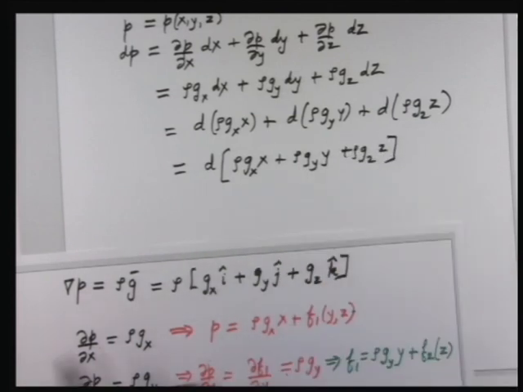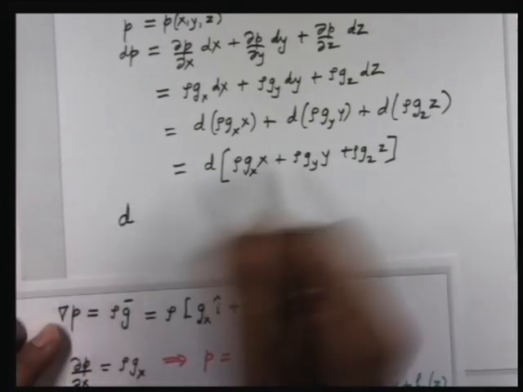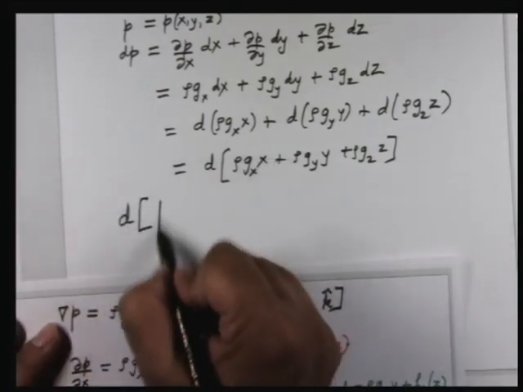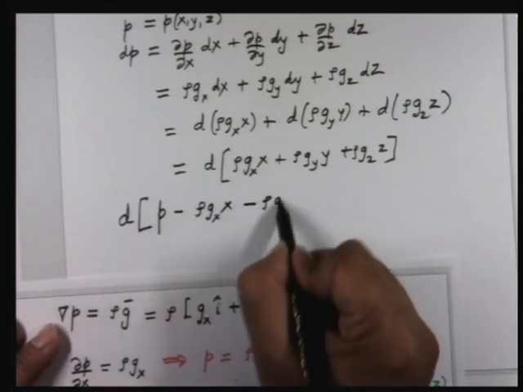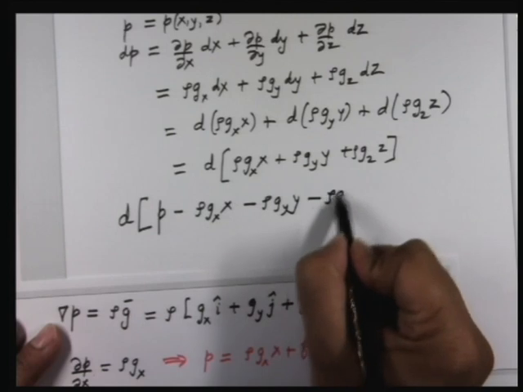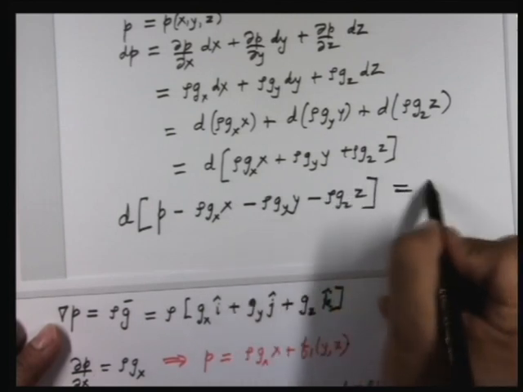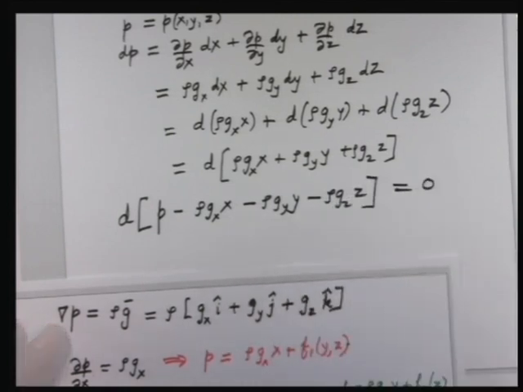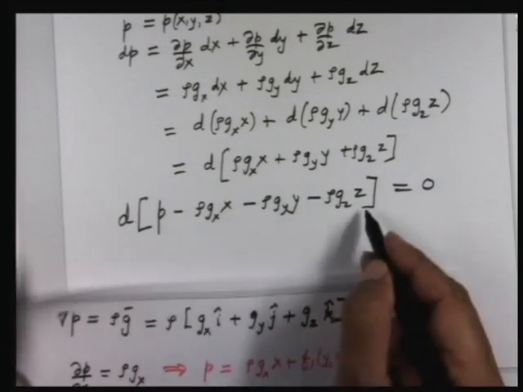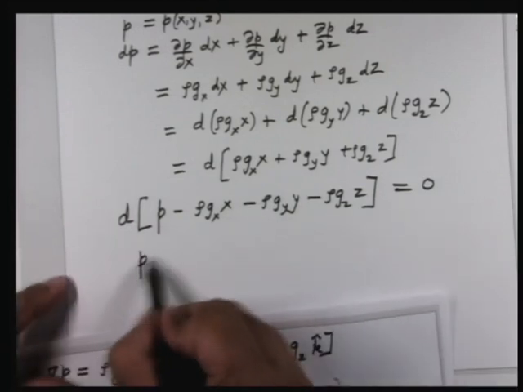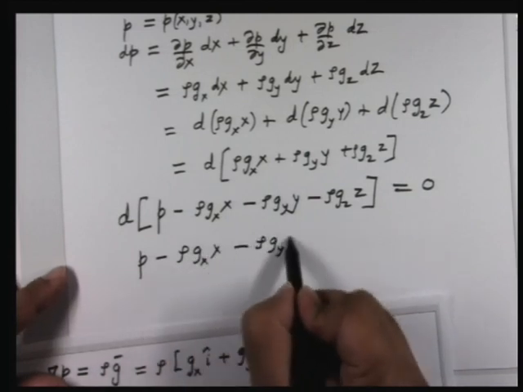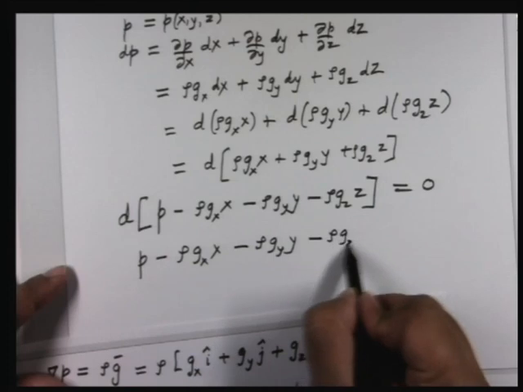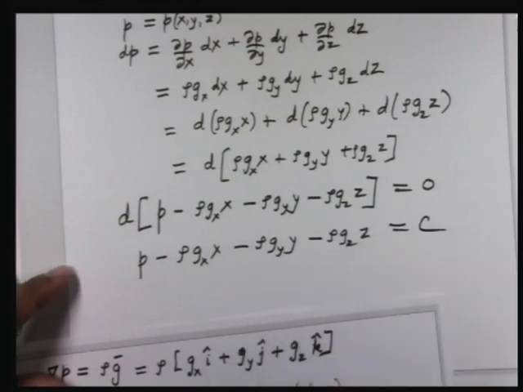Or in other words, I can move these terms to the left hand side, that is d of p minus rho gx x minus rho gy y minus rho gz z is equal to 0. So this will imply that this function is a constant. So p minus rho gx x minus rho gy y minus rho gz z is equal to c. So this is what we had earlier also.